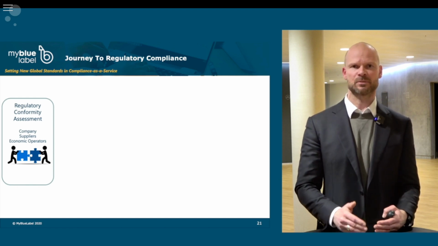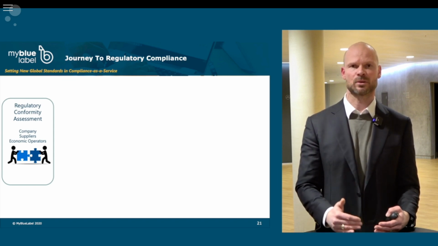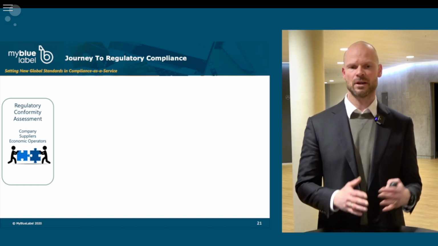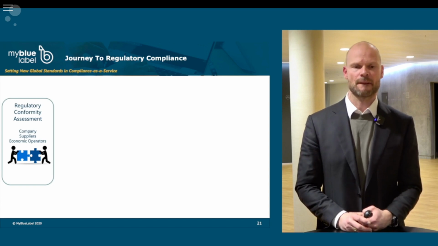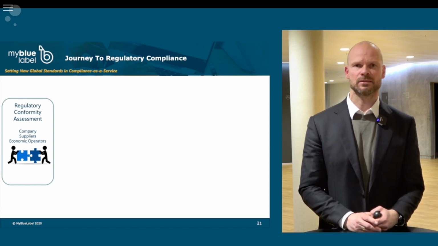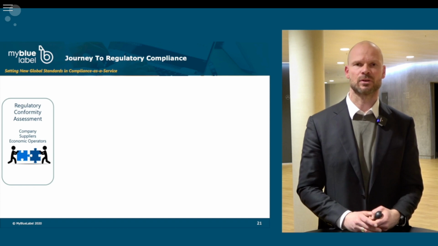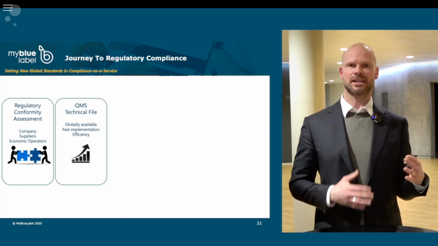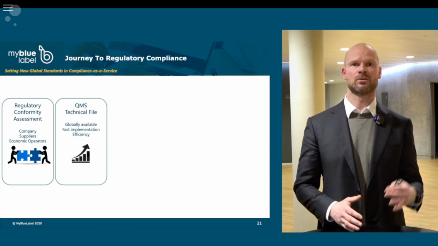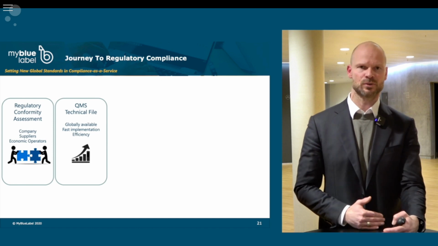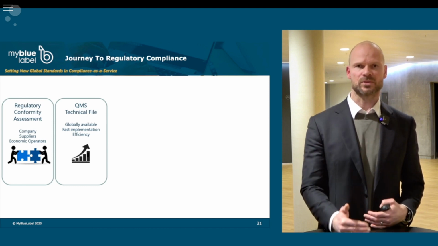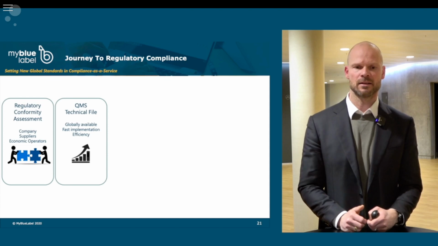And from that gap assessment, you will know which documentation you need to produce to get to the market. And from that set of information, you can get the help of an electronic quality management system for setting up your quality management system, knowing that these are the activities you need to complete. This documentation needs to go into a technical file.